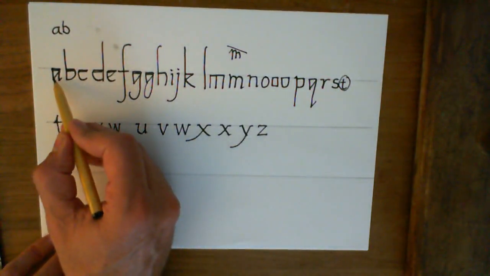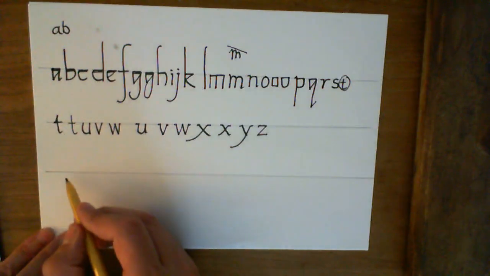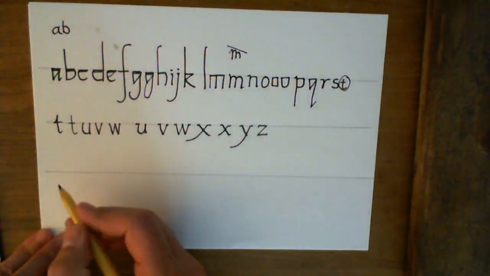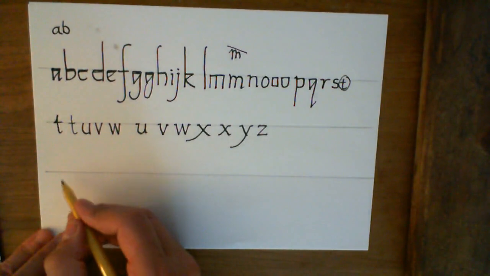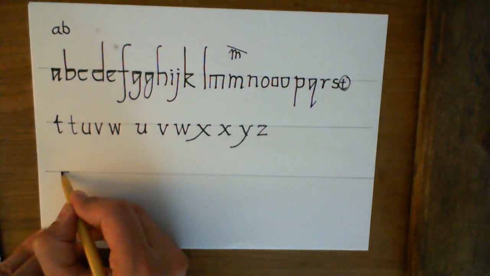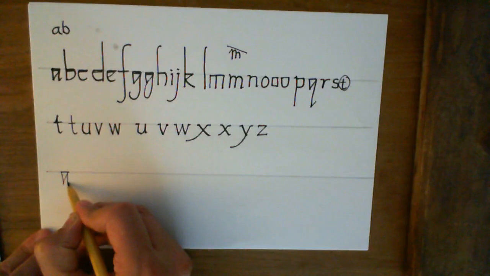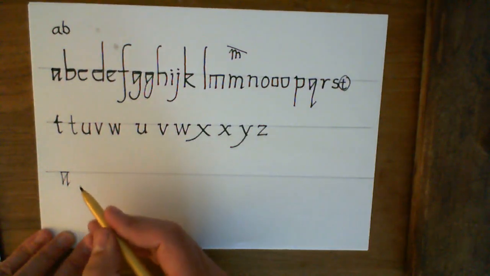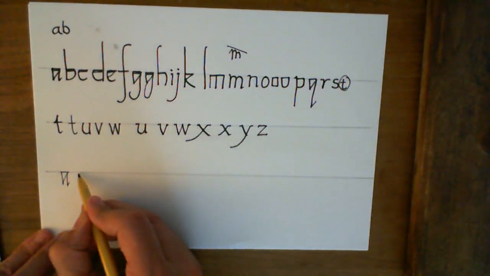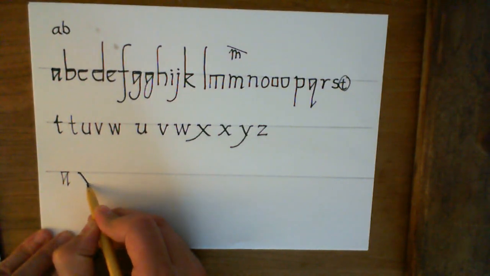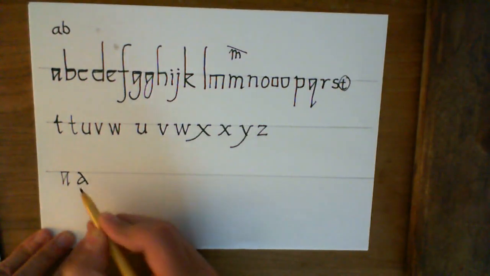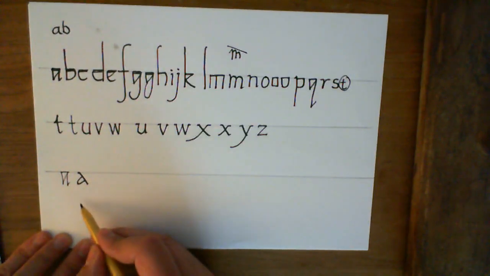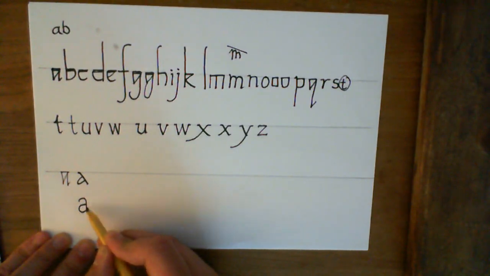A variation on the A. Right, this A has the benefit that you're making use of the line like this. However, you can also do a very simplified A, which looks like this. That, of course, resembles the printed form of A, which you see in books, which is like that.